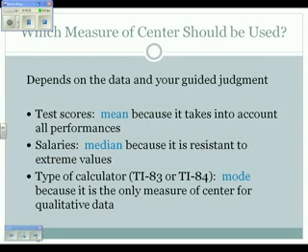And then if you did types of calculators, so if we surveyed the class and asked what type of calculator you have: an 83, an 84. I think one student even has an 89. If we took all of that information, we wouldn't want to average those because there's not an 83 and a half calculator, right?